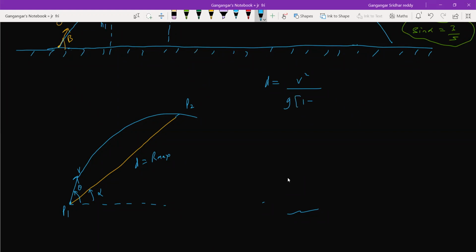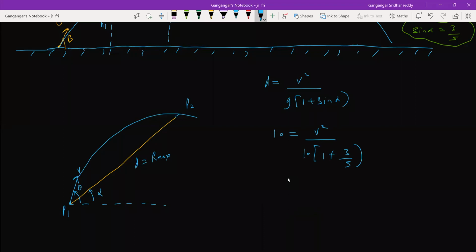Okay, now we know the value of d, we know alpha, we'll get the v. After getting that v, let me finish off, then in the end you can clarify it. So d is equal to how much? The value of d is 10. v square, g is how much? g is also 10. 1 plus sine alpha is what? 3 by 5.